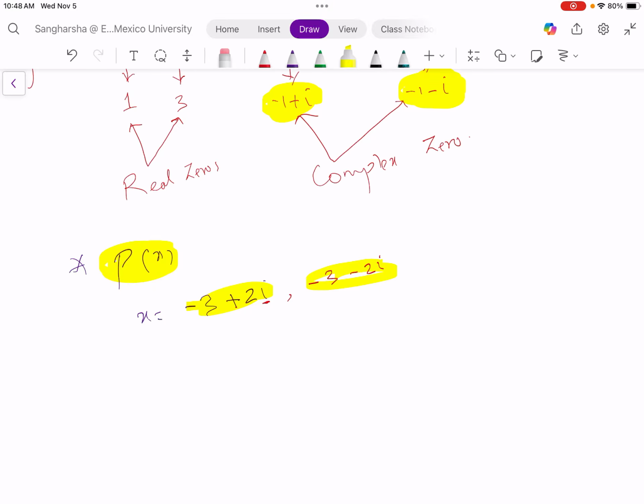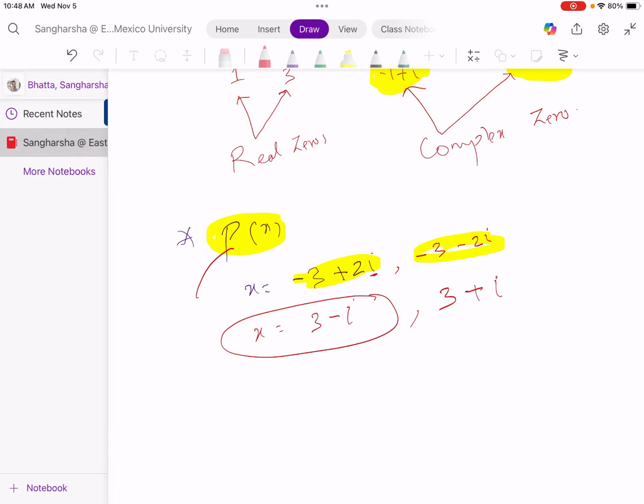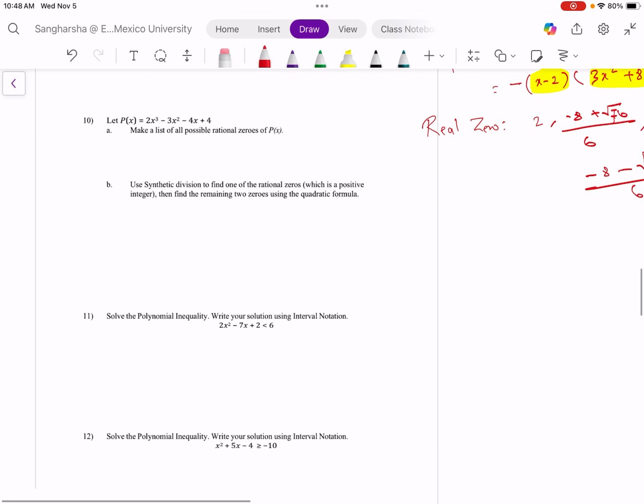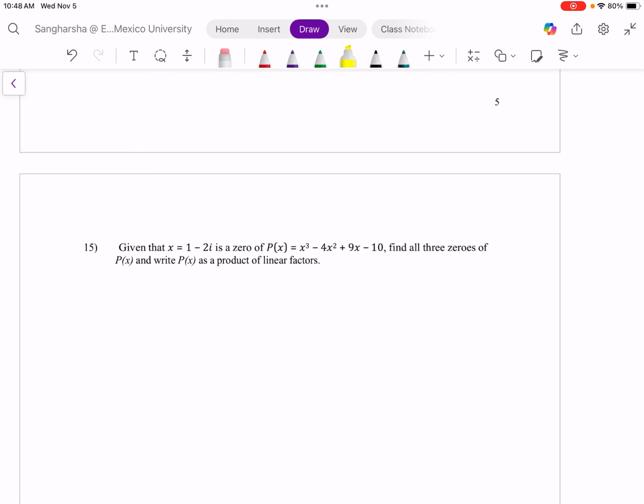In a similar way, if the same polynomial function has 3 minus i as a complex zero, then what will be the next complex zero? It will be 3 plus i. We have this example in our exam 4 review, the very last question. Given that 1 minus 2i is a zero of p of x, find all three zeros.